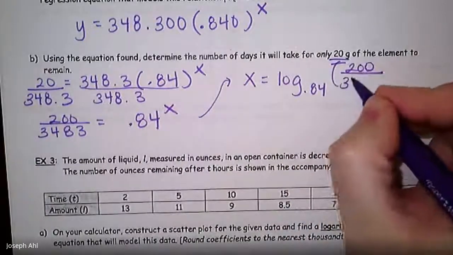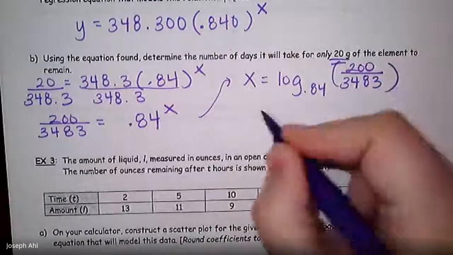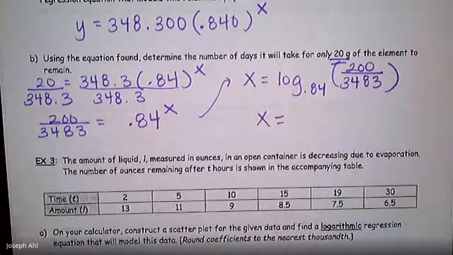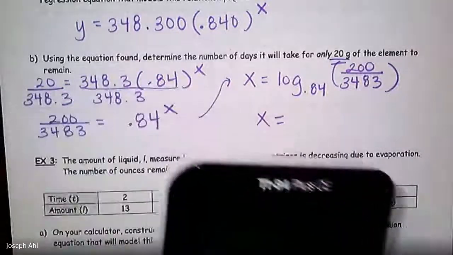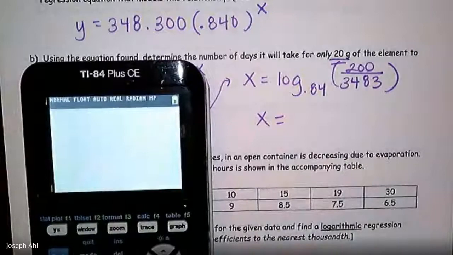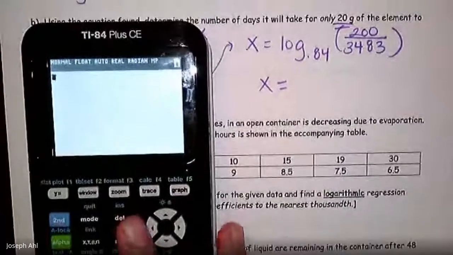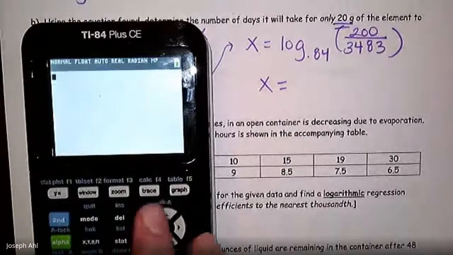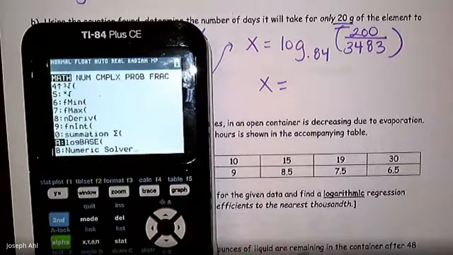But essentially, the way that you're going to solve for X is by doing the log base 0.84 of my fraction 200 over 3,483. So what I love about regression is it brings back all of those functions that we learned so long ago, but maybe have forgotten about a little bit as time has gone by. Okay, these are all really key critical functions for what you'll be studying the next 2 years in high school math. So we can do log base on this one. If you hit math and scroll up, you've got log base there.